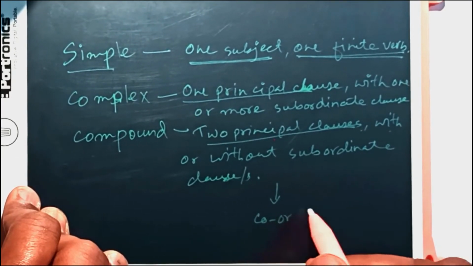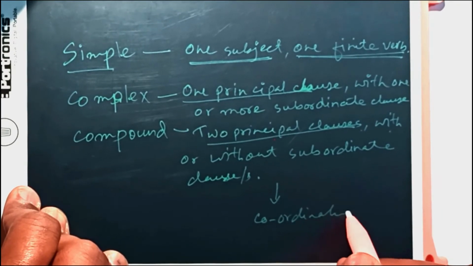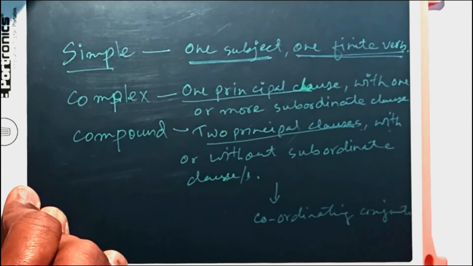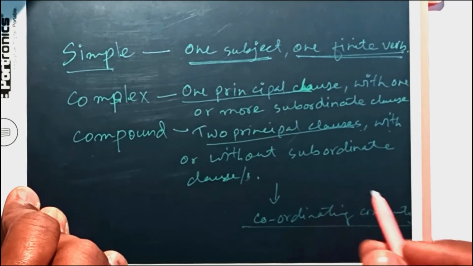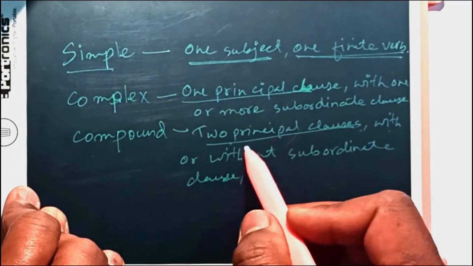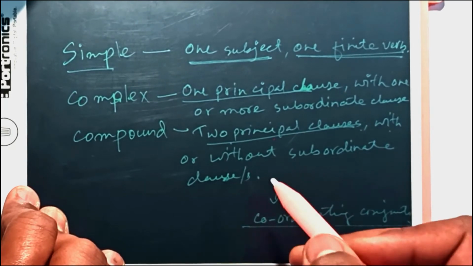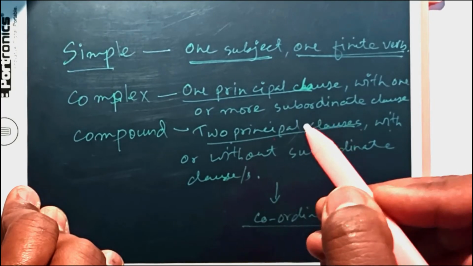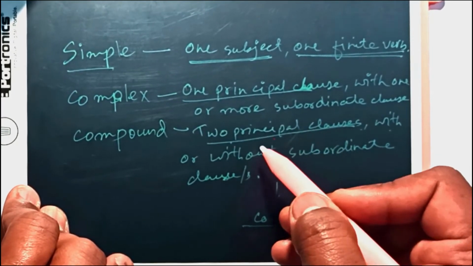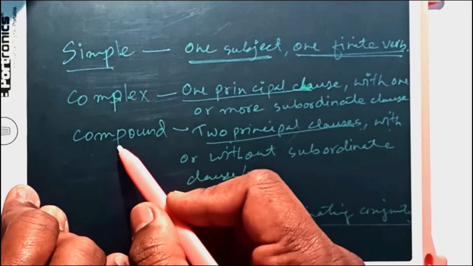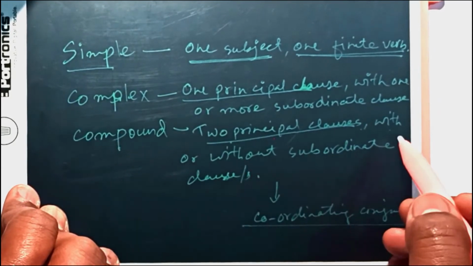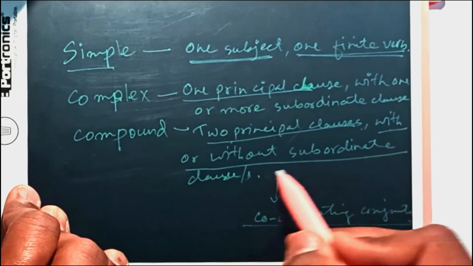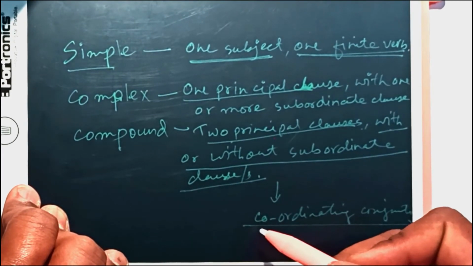coordinating conjunction. Okay, this much is our two principal clauses. If we have one coordinating conjunction, we have two principal clauses, which means by no means does it not make the sentence compound. So you should not get confused with how many subordinate clauses you have in the sentence. Doesn't matter.